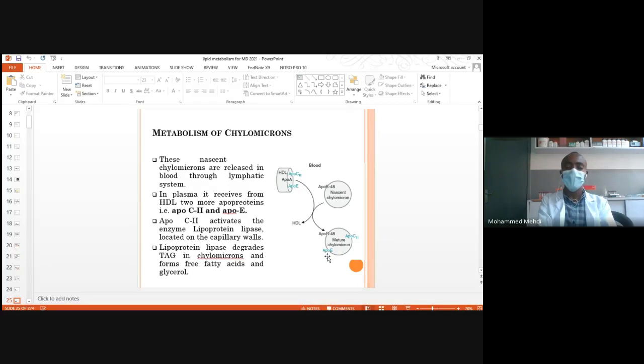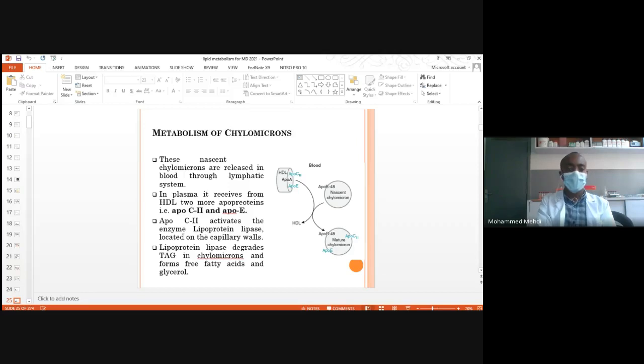Apolipoprotein E binds the liver receptor. Okay, this one acts as a ligand and binds to the liver receptor. So we have this protein addition by HDL, high density lipoprotein cholesterol, which donates these proteins to the nascent chylomicron, and then it becomes matured.